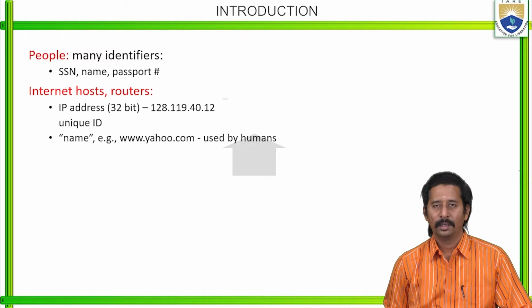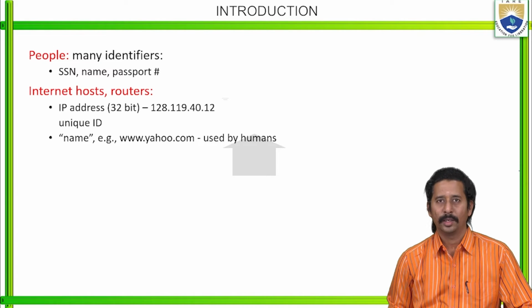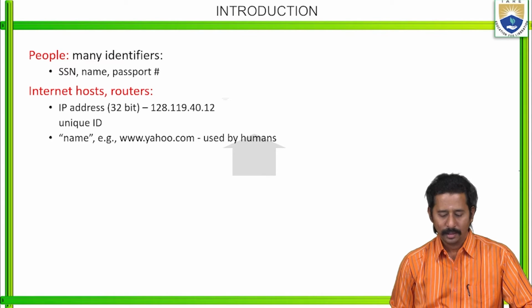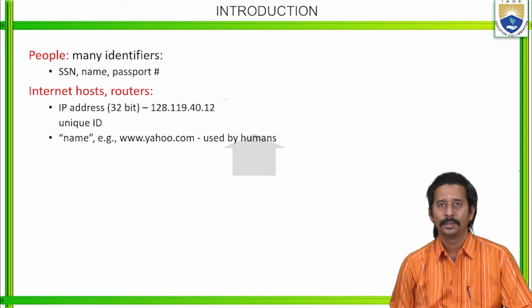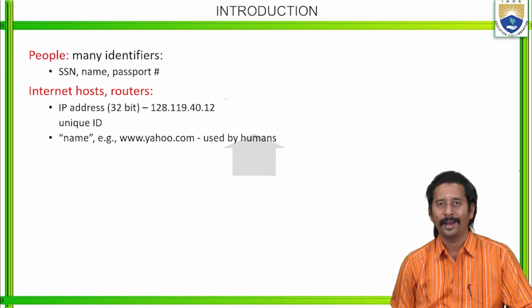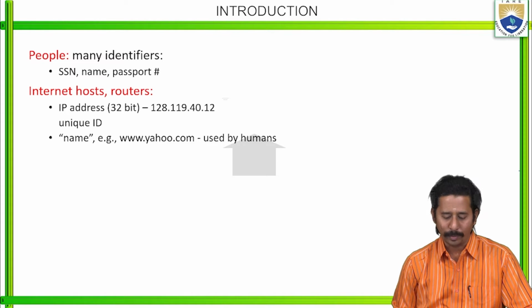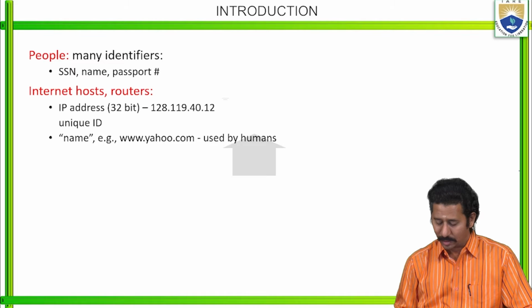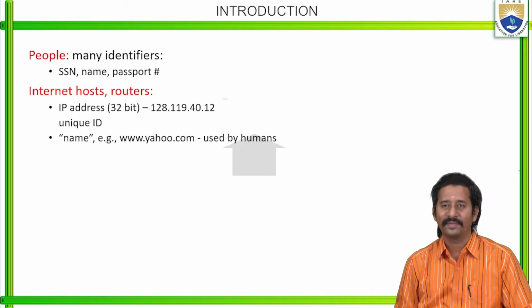See, just like human beings, systems can't communicate with each other with the help of their names. In networking, computers are not represented by names like humans, but by numbers, because that is how computers can communicate with other similar devices.